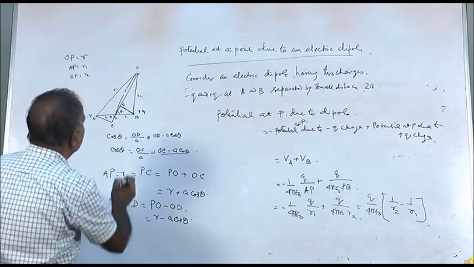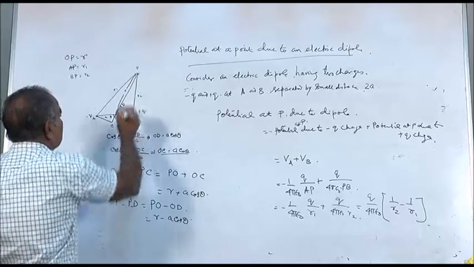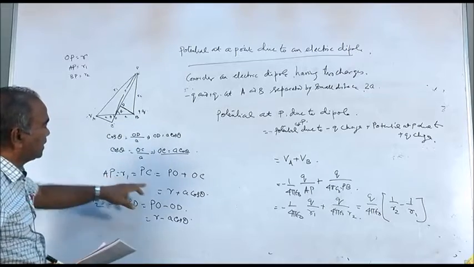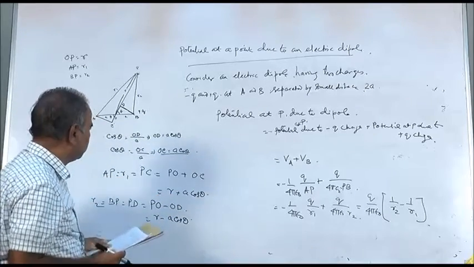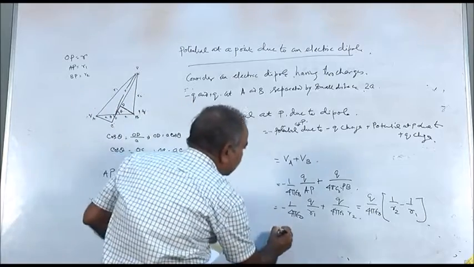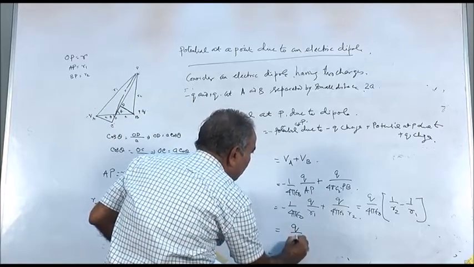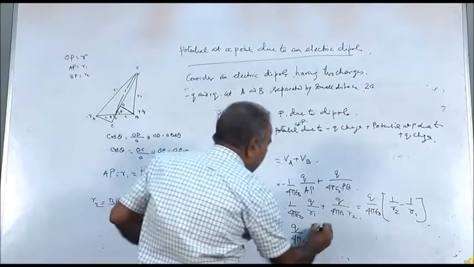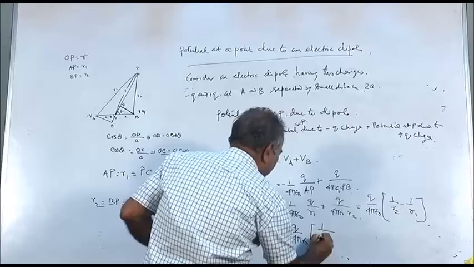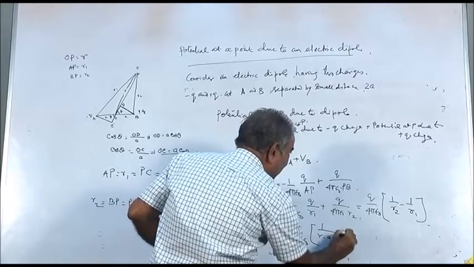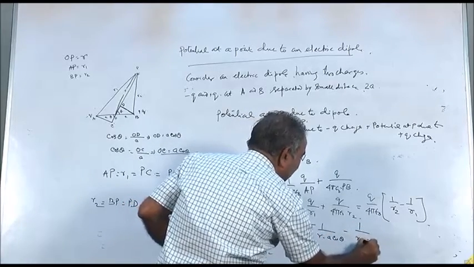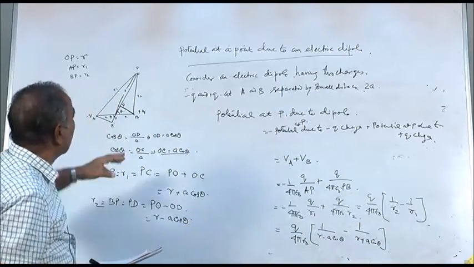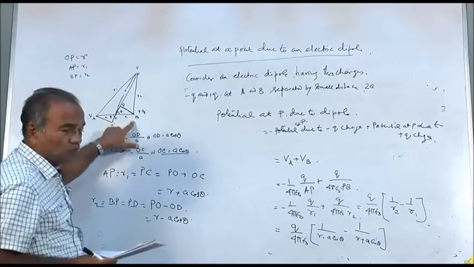So BP is equal to R 2, that is R 2 is equal to R minus A cos theta, and R 1 is equal to R plus A cos theta. So, we can write this as q by 4 pi epsilon 0 into 1 by R minus A cos theta minus 1 by R plus A cos theta. So, this is the potential at P due to the whole dipole.